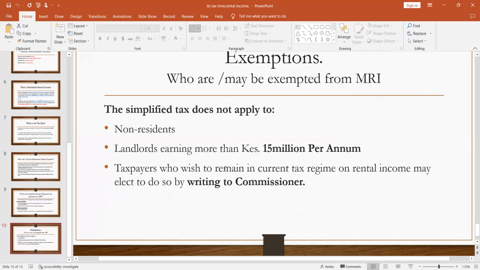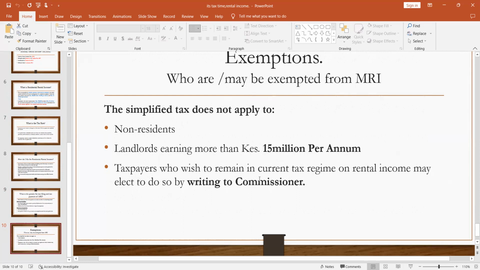So who is exempted? Exemptions. Who is or may be exempted from monthly rental income tax? The simplified tax does not apply to, for example, non-residents; they are exempted from this kind of tax. Landlords earning more than 15 million per annum or less than 288,000 are exempted from monthly rental income.